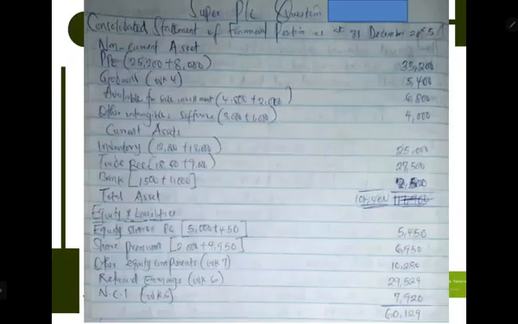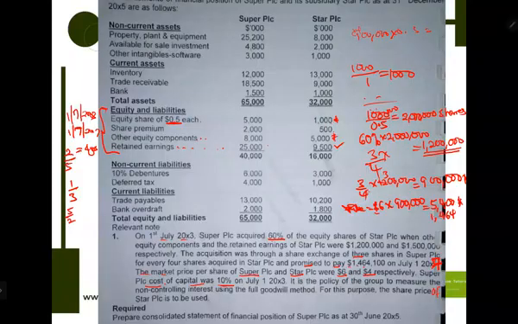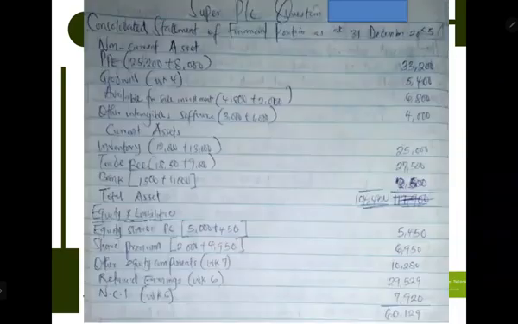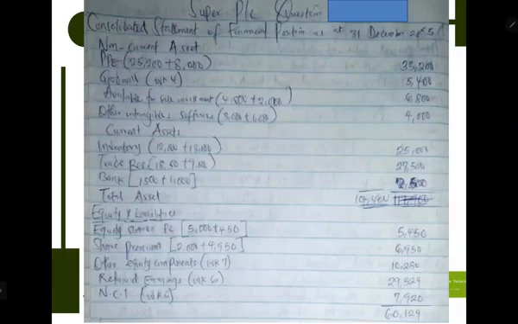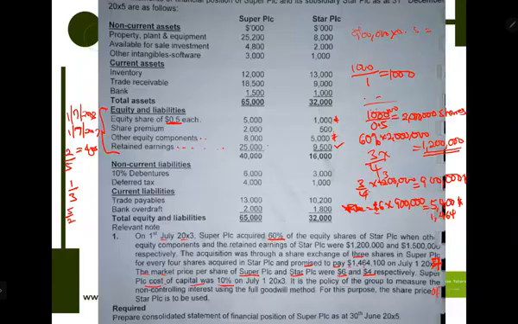Then, did they give us any information relating to ordinary shares here? Equity share of Star? No. It means our share acquisition still remains the same, 1,000. Share premium 500. But we were told that the other equity component and retained earnings stood at 1,200 and 1,500.